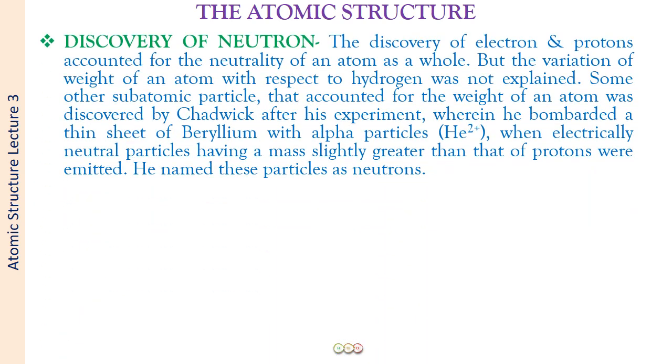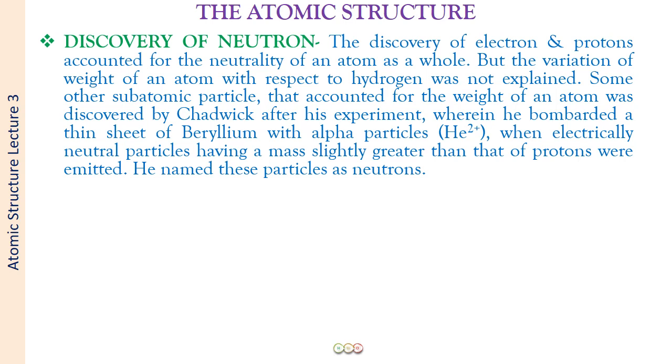So now let us see how the neutron was discovered. Well, by the time the discovery was being done, it was known that atoms are electrically neutral and they consist of an equal number of protons and electrons in a neutral atom, right?